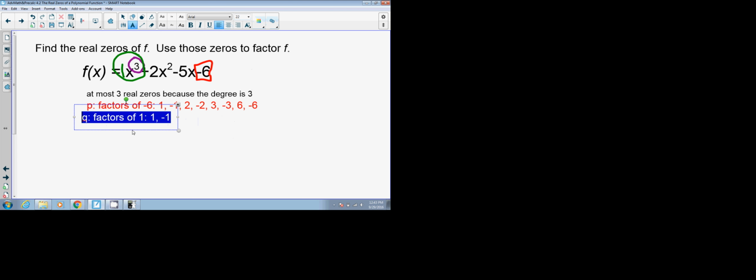Once you identify your factors of the constant term, which was -6, and the leading coefficient, which was 1, you next want to divide those factors.